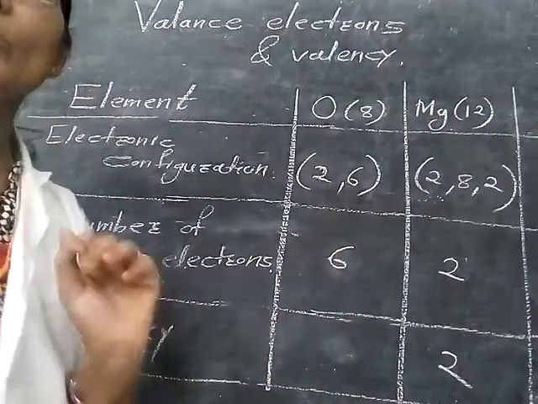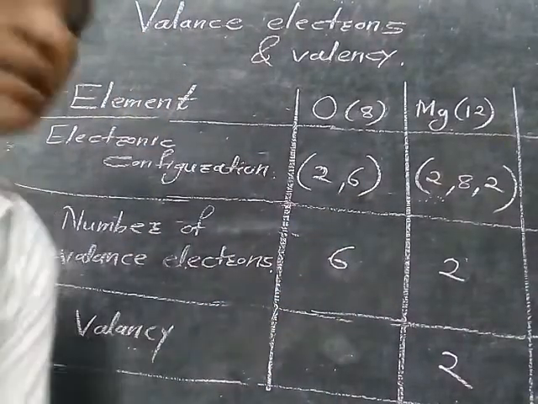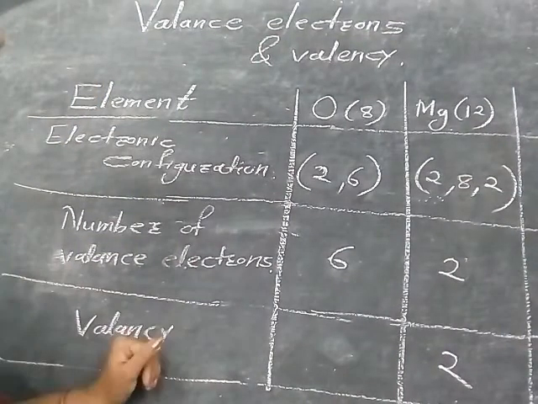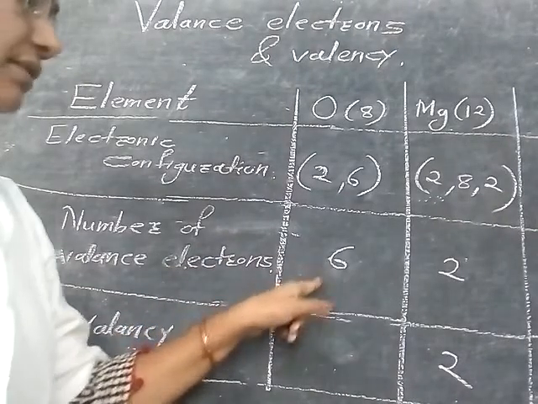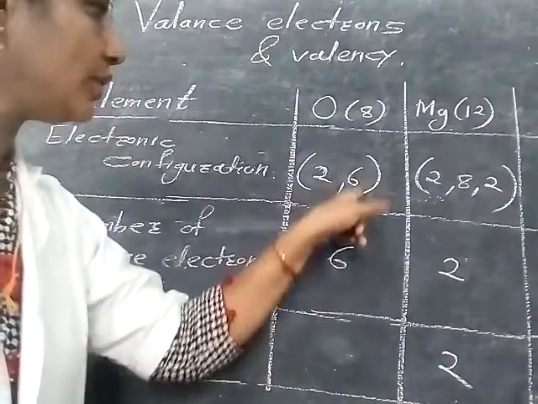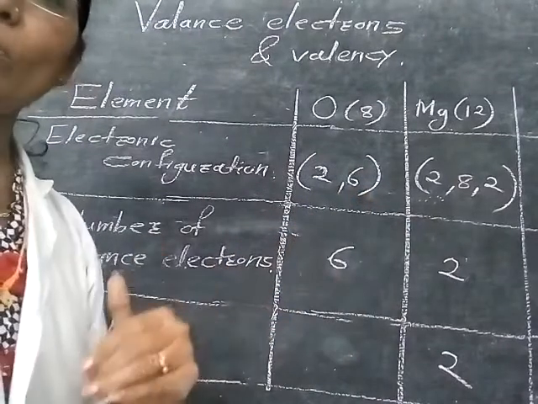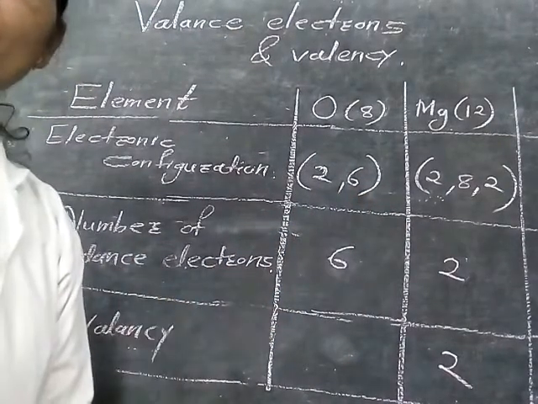But again the question arises: what is the valency of oxygen? Remember, there are 6 electrons in the outermost orbit. What is easier, to gain 2 electrons or to lose 6 electrons?